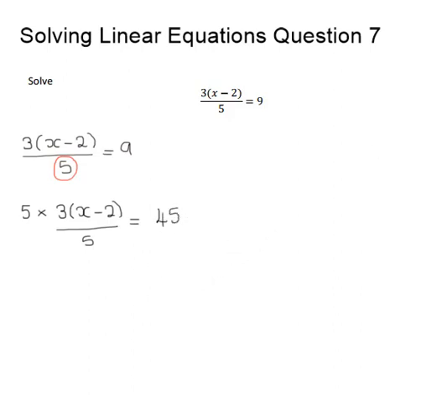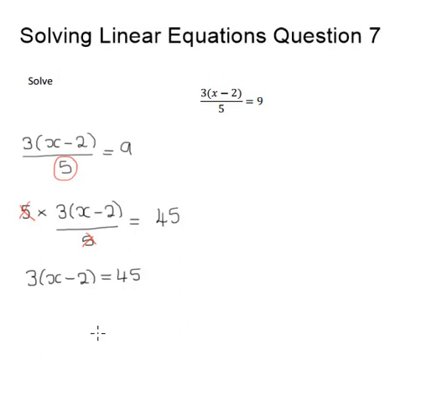Okay, well, let's have a look on my left-hand side. I've got 5 times by all of this and then divided by 5. So these 5s are going to cancel out, because if we times by 5 and divide by 5, it just becomes 1, it doesn't really count. And then what we're going to be left with on the left-hand side is 3 bracket x minus 2 equals my 45.